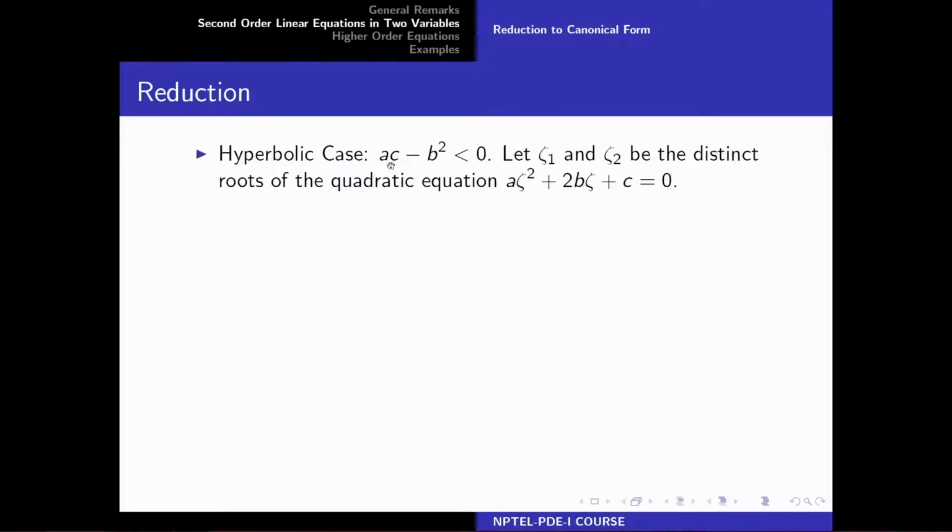And in that case, this quadratic equation has two real and distinct roots, and that is what we learn in high school. And since A, B, C are functions of x and y, this xi1 and xi2 are also functions of x and y.